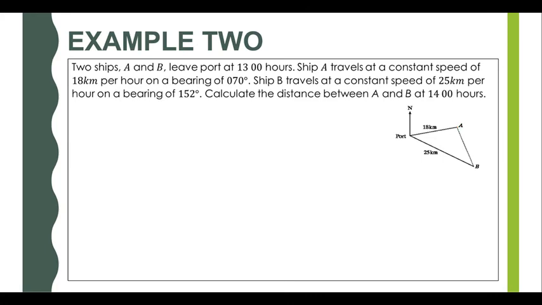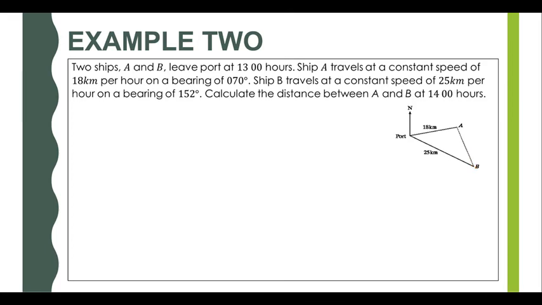And ship B travels at a constant speed of 25 kilometres per hour. So in 1 hour it travels 25 kilometres. And then we're asked to calculate the distance between A and B at 1400 hours, which is 1 hour after they left the port. So we're asked to calculate this distance here.